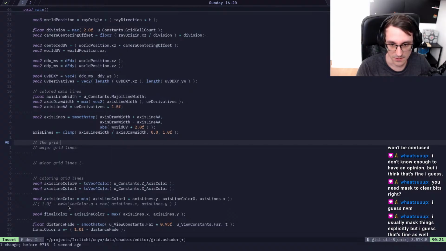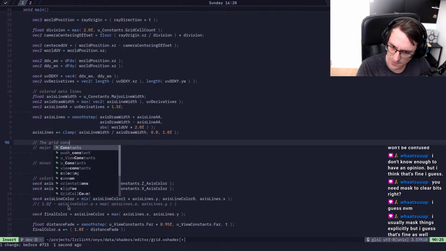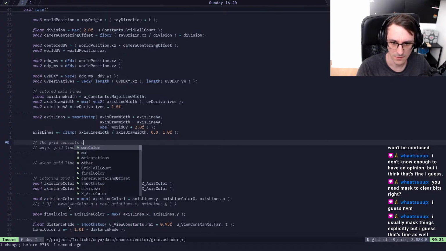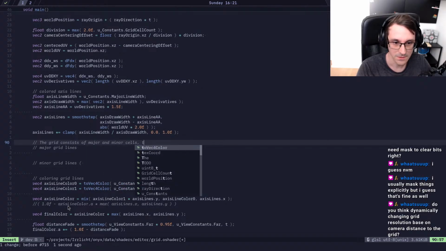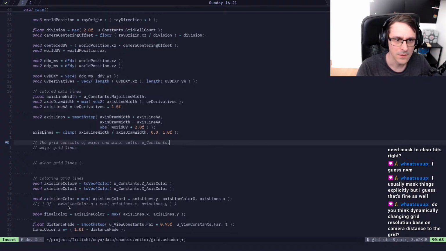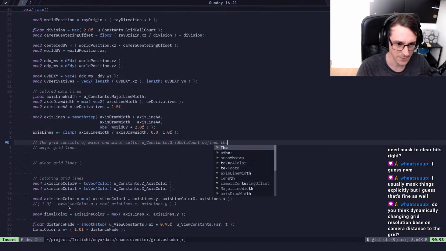The grid consists of major and minor cells. U constant grid cell count.